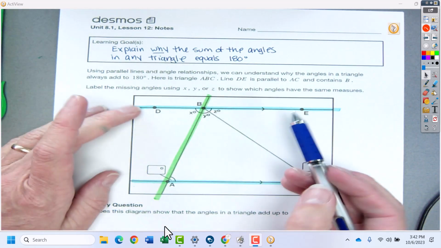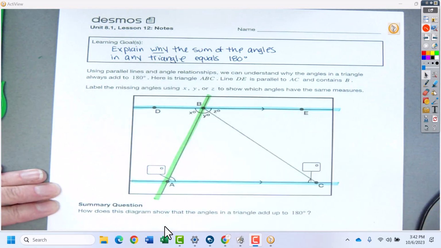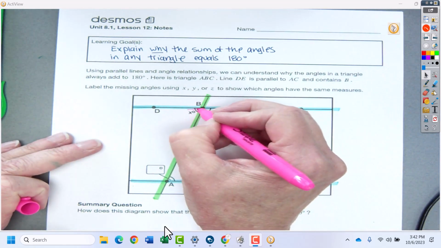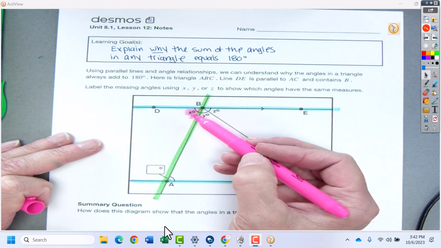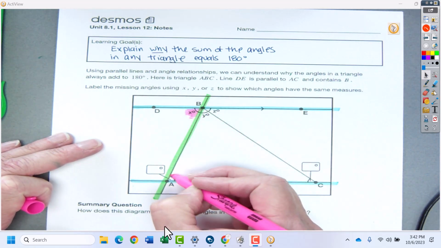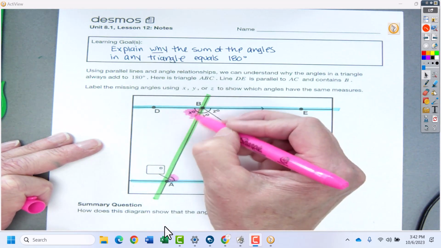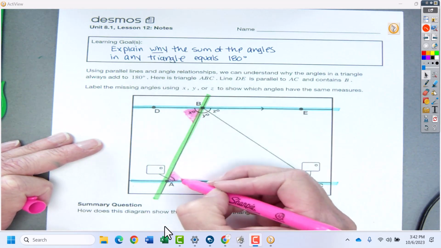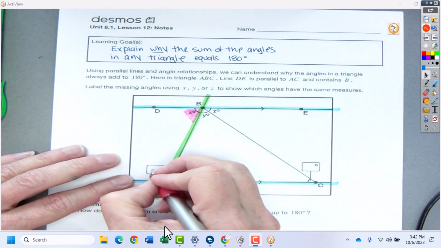Knowing what we know about parallel lines, if I know that the measure of this angle, I'm going to make it in pink, is x degrees, I know that this angle is going to be the same. I could just rotate it right around and it would be this angle. So this is x degrees.